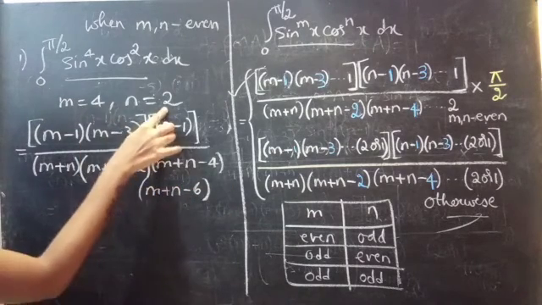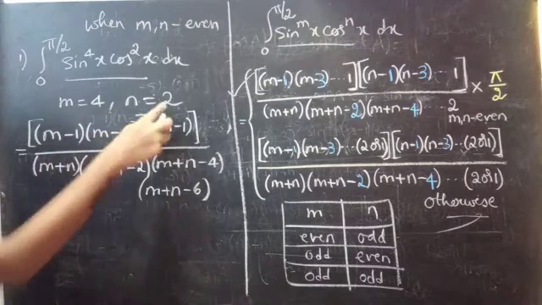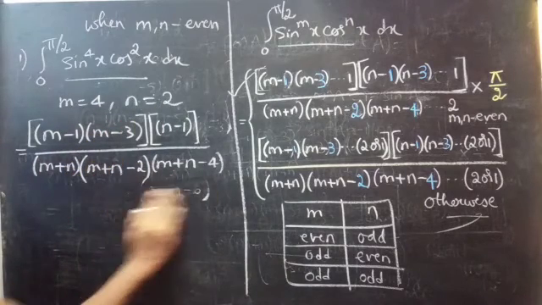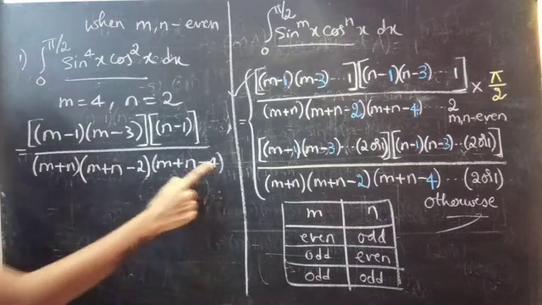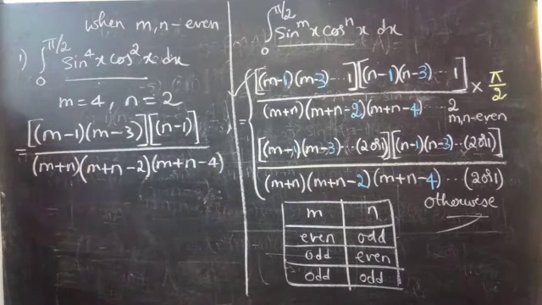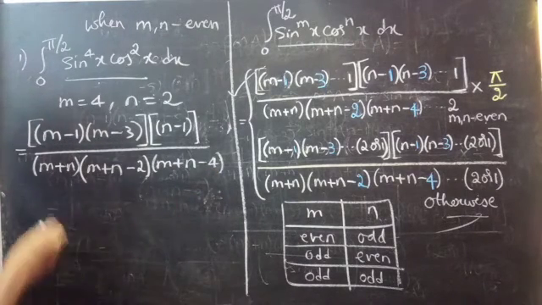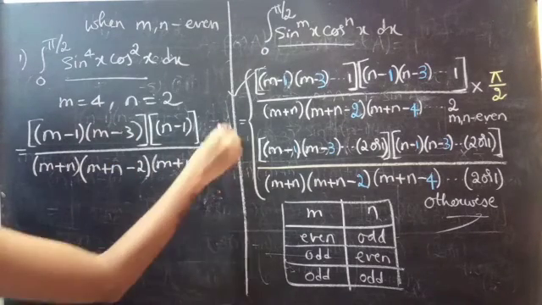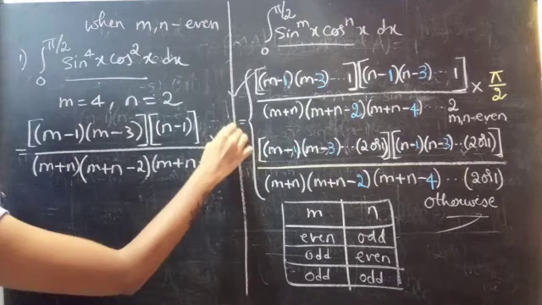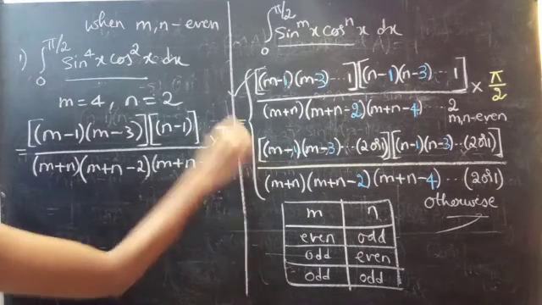Since m plus n, that is 4 plus 2, is 6, you have to neglect this and you can stop it here. You can write up to 4, into, since m and n are even, you will multiply by pi by 2.